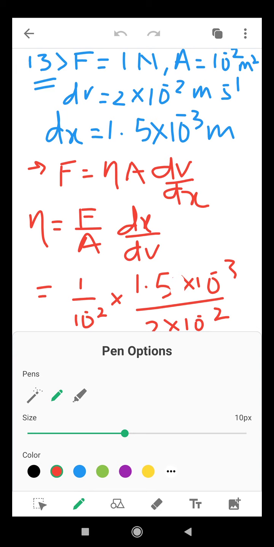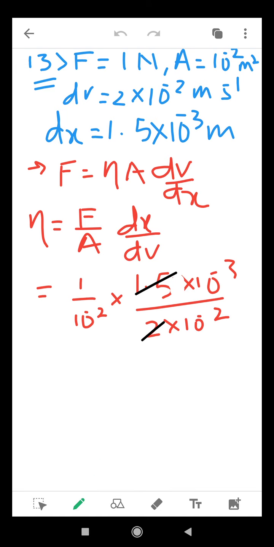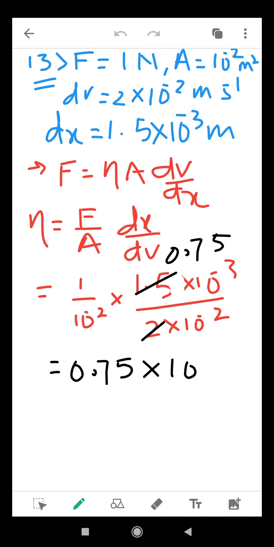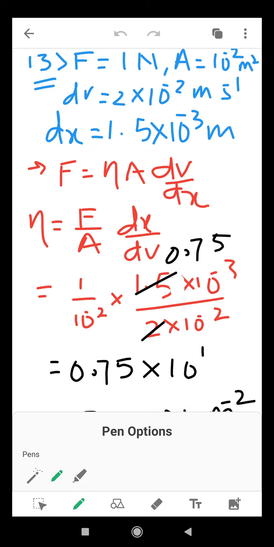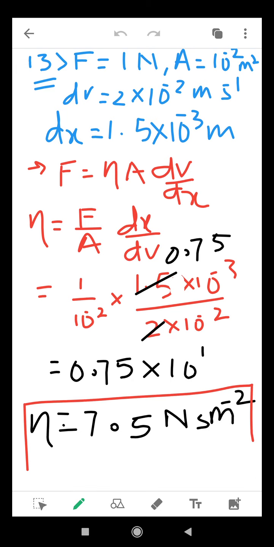So you can divide 1.5 by 2 as 0.75, and when you arrange all the powers of 10, this will be 10 to the power 1. So this will be 7.5 Newton second per meter square, the unit of eta. So this is the value of coefficient of viscosity.